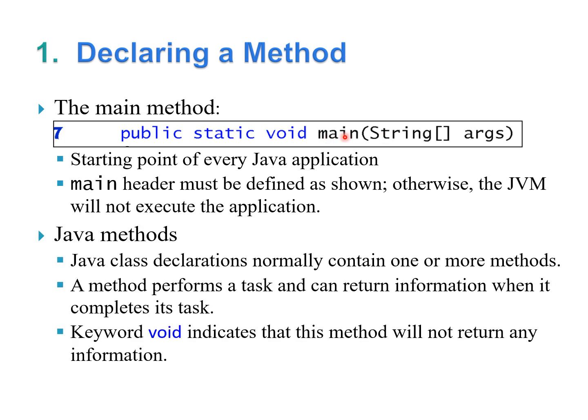A Java class declaration normally contains one or more methods. Each method performs a task and can return information when it completes its task. If the header of the method declaration contains the keyword void, such as in the main method, then it indicates that this method will not return any information.